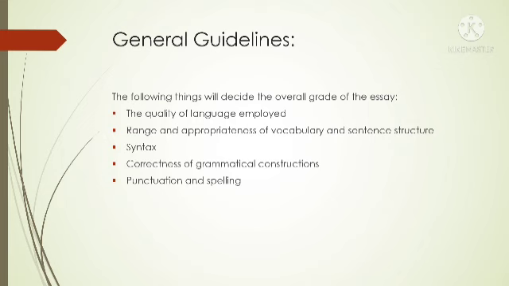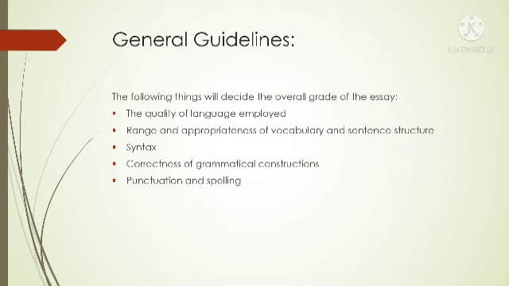The next one is correctness of grammatical constructions. Grammatically, your constructions, that is, your sentences, have to be correct. The last one is punctuation and spelling. You have to concentrate on spelling and punctuation marks. You have to use proper punctuation at the proper place.